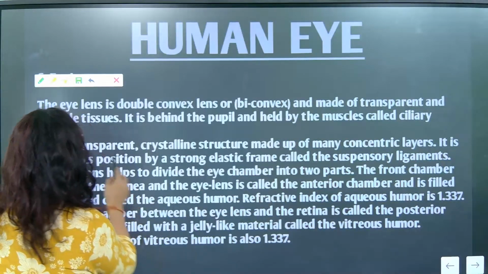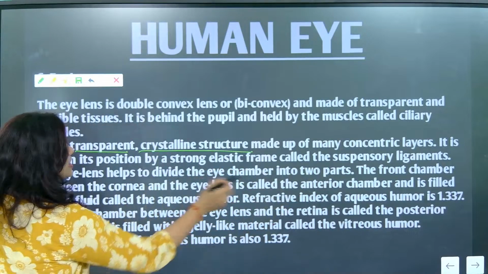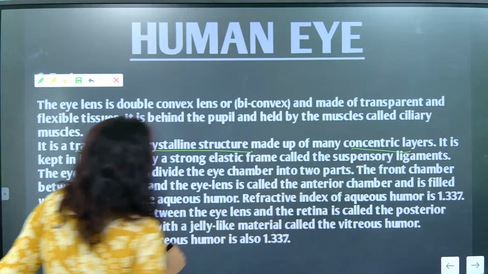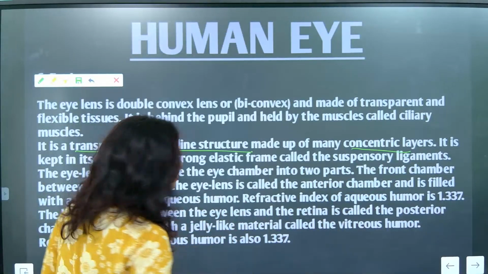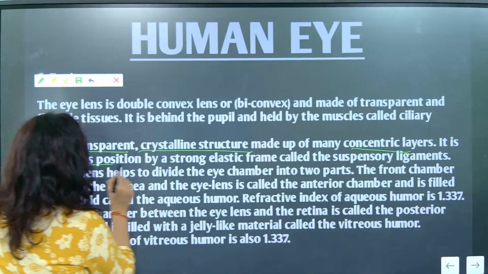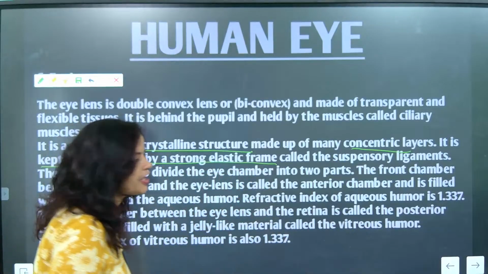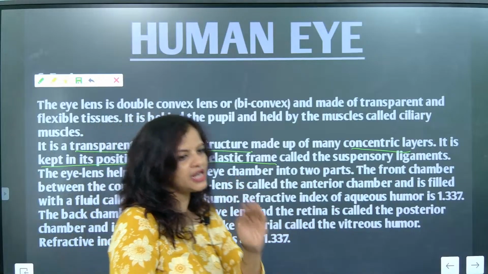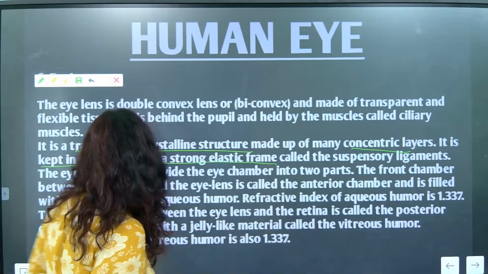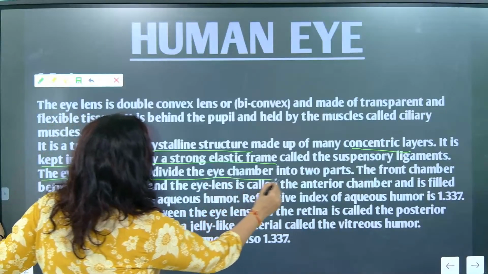Understood, beta. So it is a transparent crystalline structure made up of many concentric layers. It is kept in position by a strong elastic frame. What is the name of the elastic frame? Suspensory ligament. After that, the eye lens helps to divide the eye chamber into two parts.